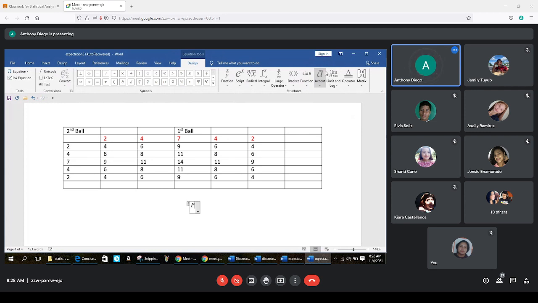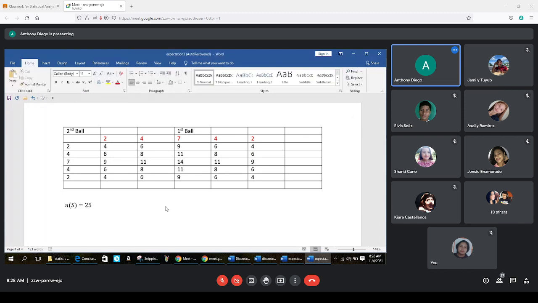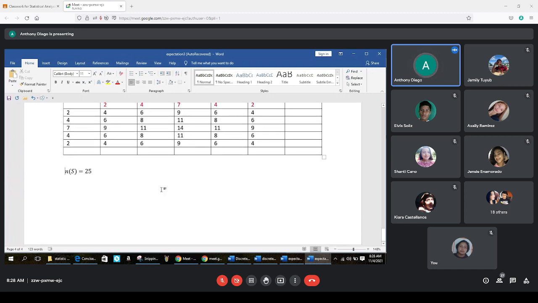So PS is equal to 25, which should be N. Like that. Now we can do our table from this.